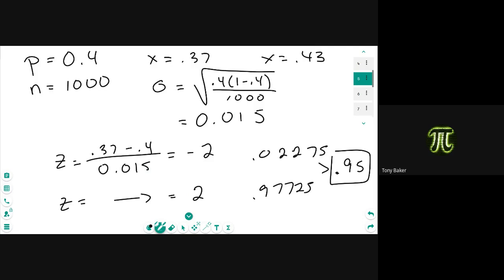Did anywhere in this problem ask you the number of people in the population? No. So by asking 1,000 people, I will be within 95% of my actual answer for the entire population.